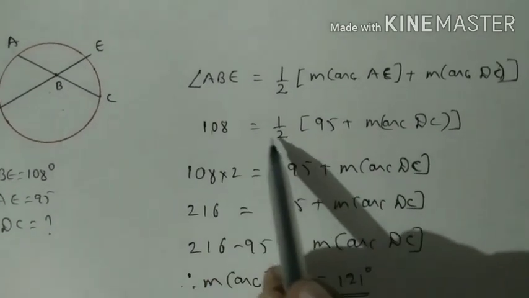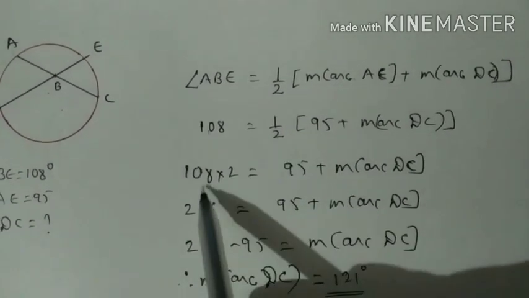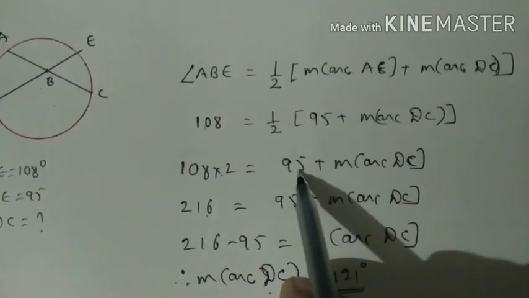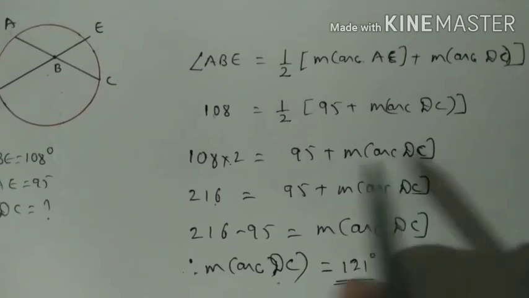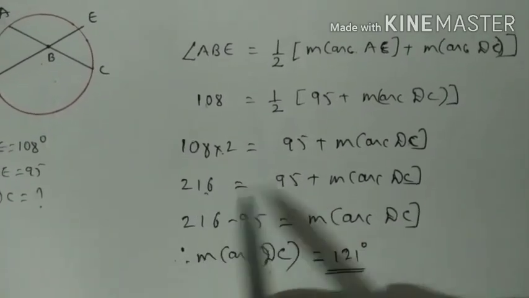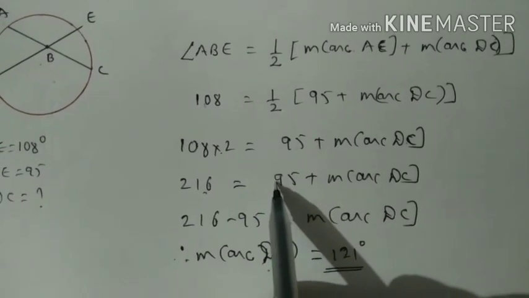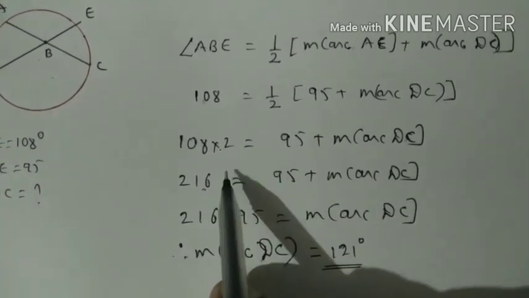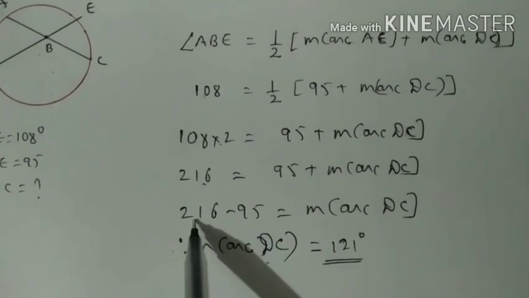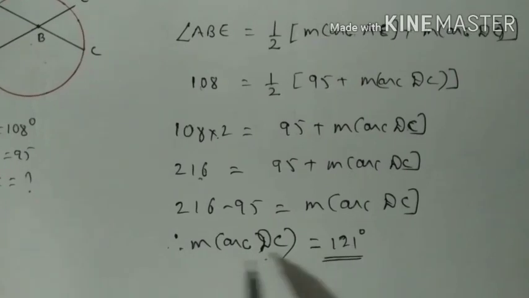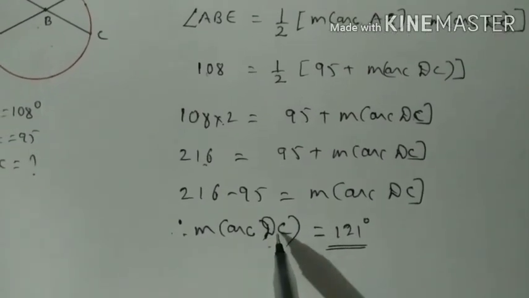So now we'll cross multiply. So 108 into 2 will be 216, and 95 plus major arc DC remains the same. Now see, these both are like terms. So I will take 95 and 216 together. So from the right I will shift it to the left side. Plus becomes minus. Shifted to the left, it becomes minus. So 216 minus 95 will be equal to 121 degrees. That is the measure of our DC.